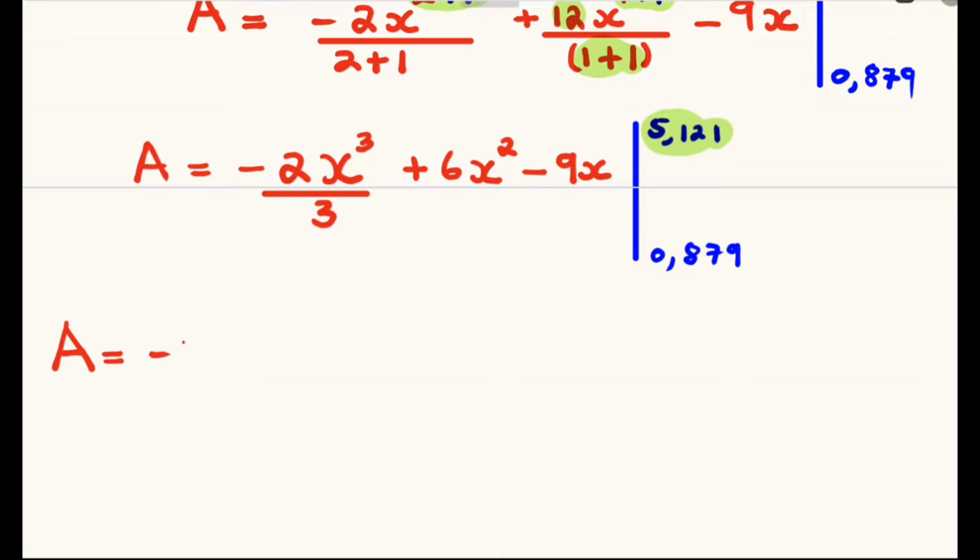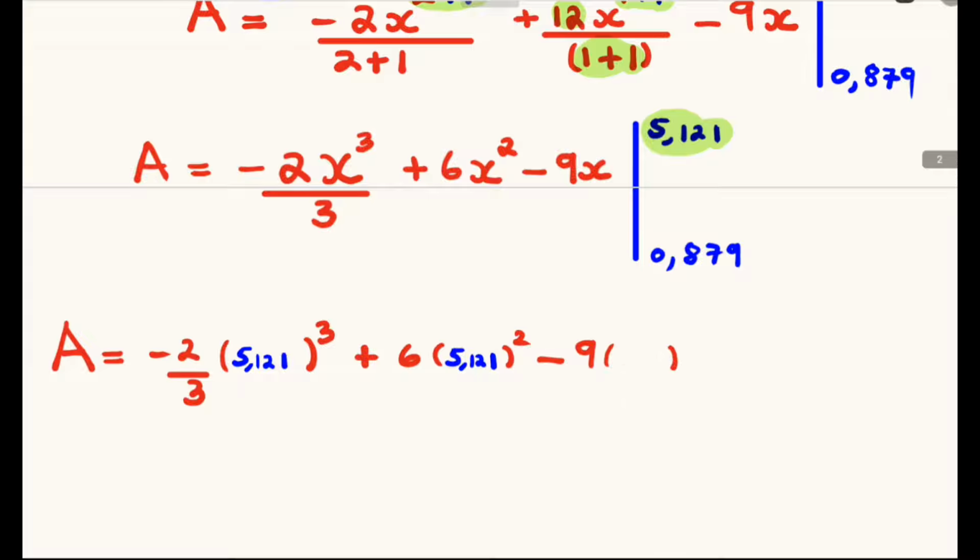So we have negative 2 divided by 3 multiplied by 5.121 raised to the power 3, plus 6 multiplied by 5.121 in the place of the x, squared, minus 9 multiplied by 5.121 in the place of the x.